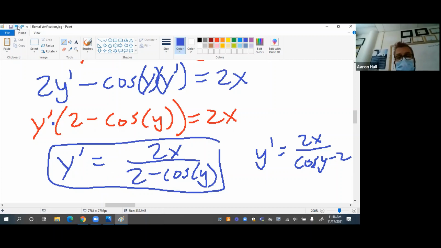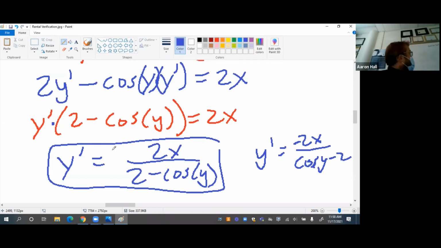Thomas, you had to multiply negative to the top and bottom. You're right. So this would be a negative. Jillian, you're right. Thomas saved you.